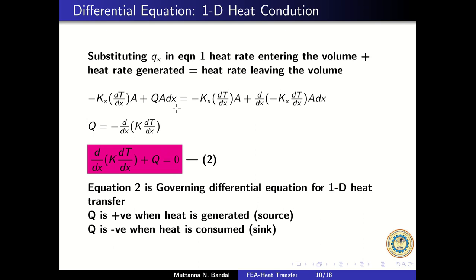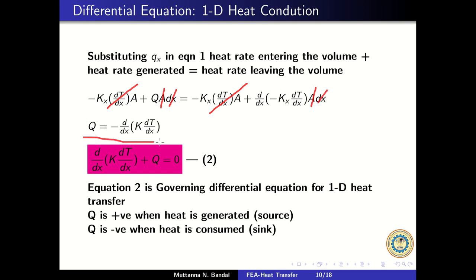Now from this equation I can cancel these two terms because they are the same and equal and on either side of the equation. This A and this A get cancelled, this dx and this dx get cancelled.